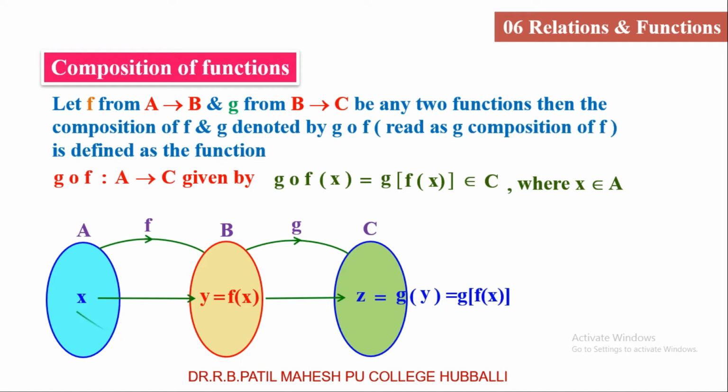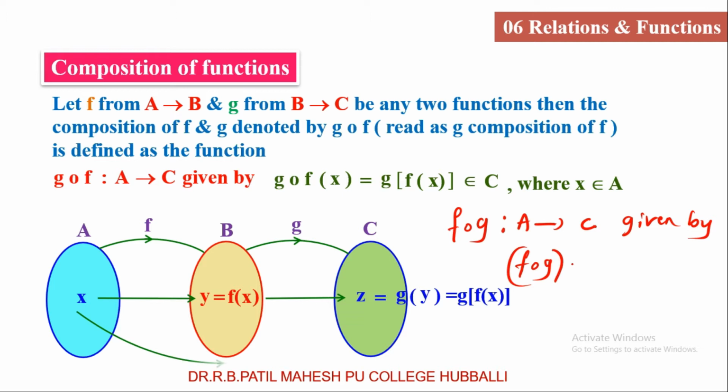Similarly, you can define another composition, say f composition g from the set A to the set C. Note this step students, this is given by f composition g of x is equal to f of g of x. You can observe g composition f of x is g of f of x.